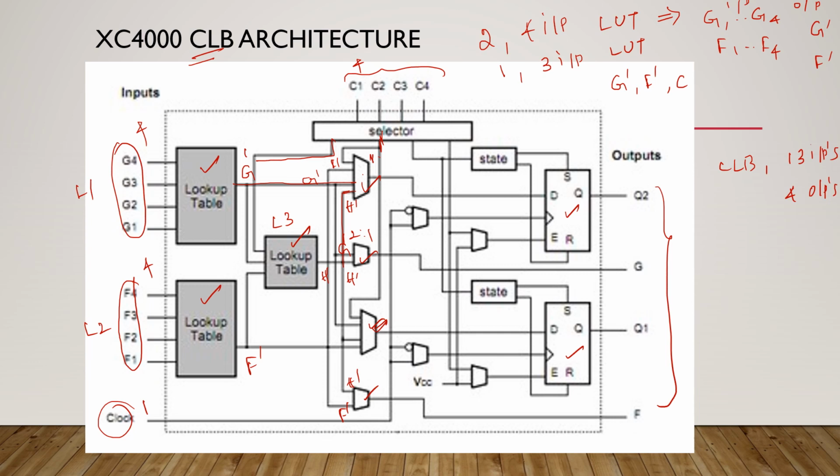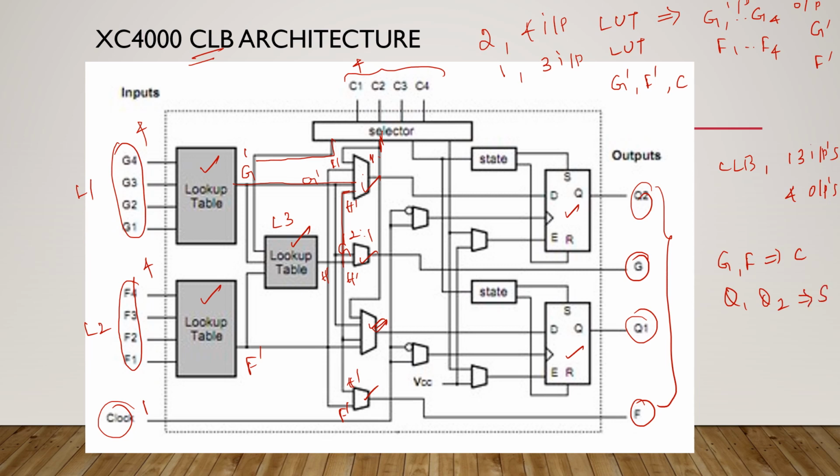So if we are taking the output directly, G and F, this is called combinational output. The G and F are called combinational outputs, whereas Q2 and Q1 we are taking through the flip-flop. So Q1 and Q2 both are sequential outputs.